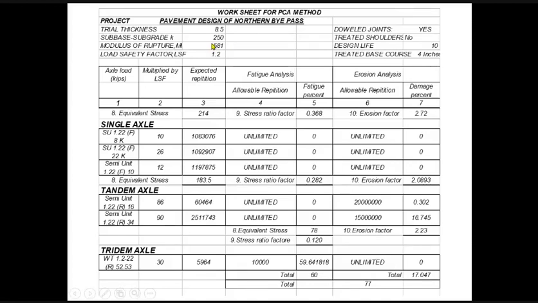Since this is a northern bypass, it's a heavier road type classification, so we use 1.2 as the load safety factor. We say yes, we have a dowel joint. We have no tied shoulders. We have designed it for 10 years.